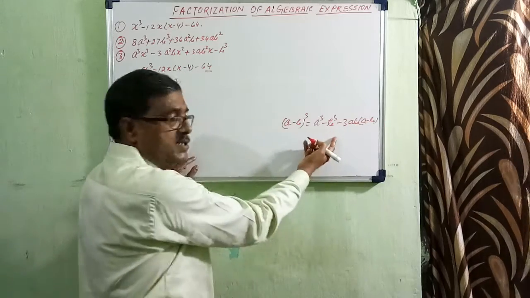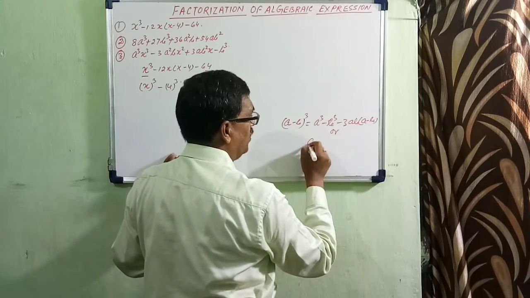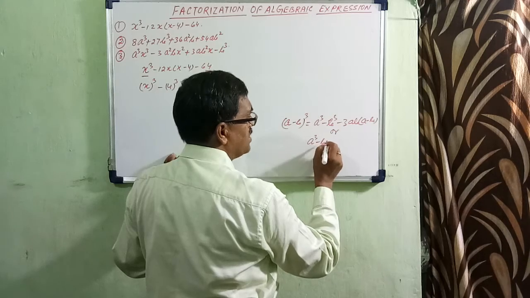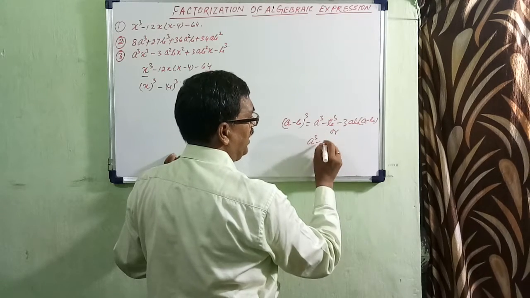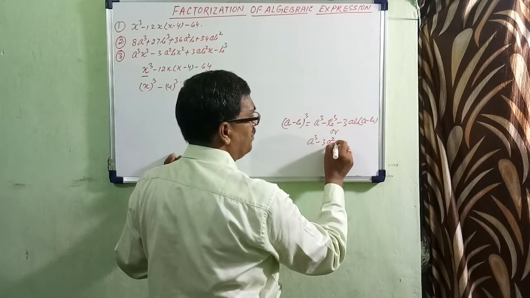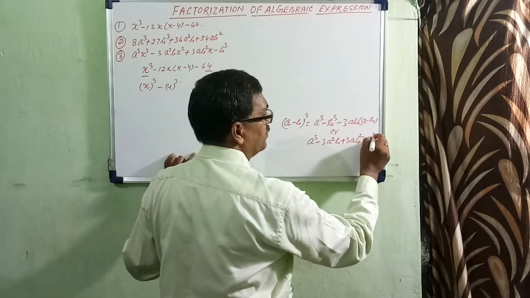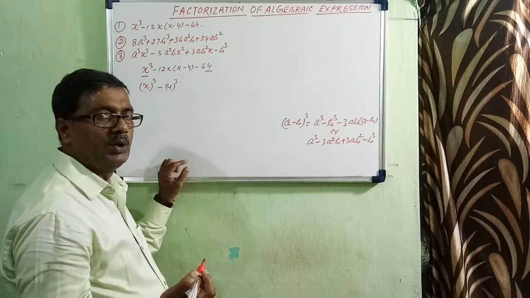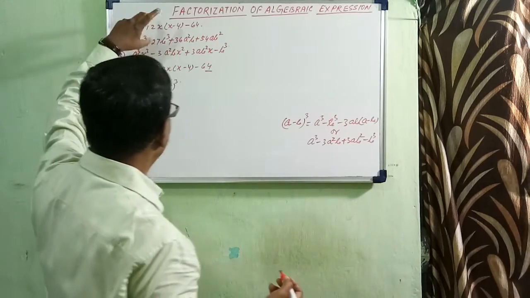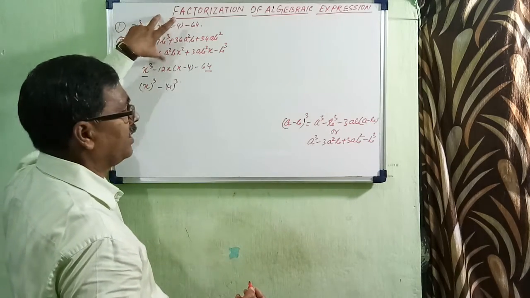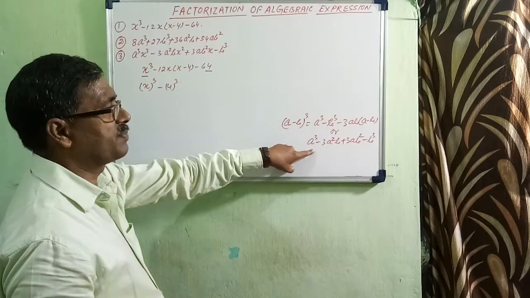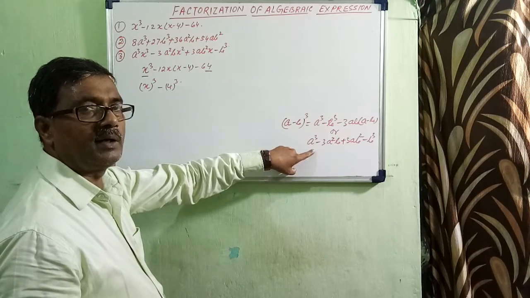Either you follow this, or you can also follow a cube minus 3a square b plus 3ab square minus b cube. Either way you can go. If you notice, all these three terms are directly based on this particular identity.